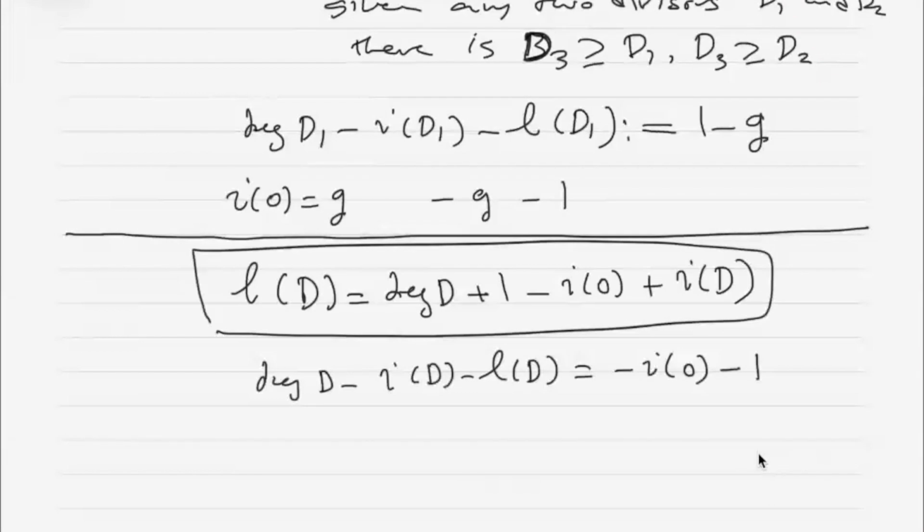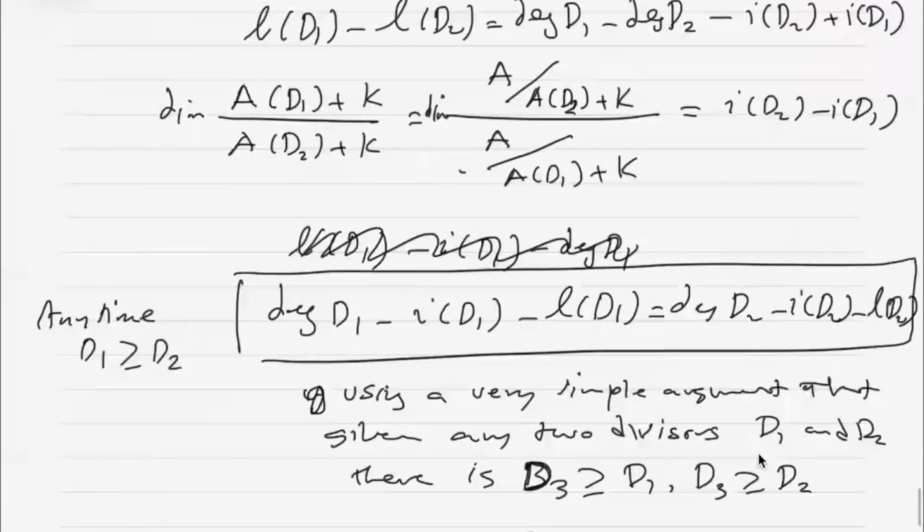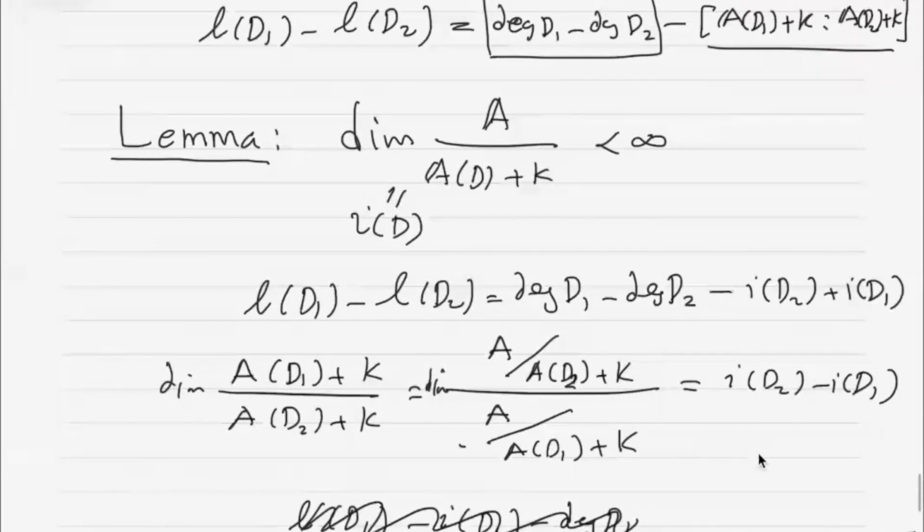All right. So during this process, there were several things that I didn't prove. The most important one was the fact that this space was finite dimensional.